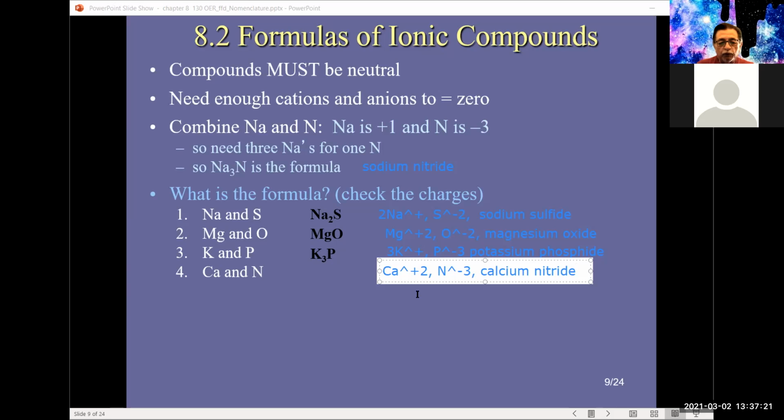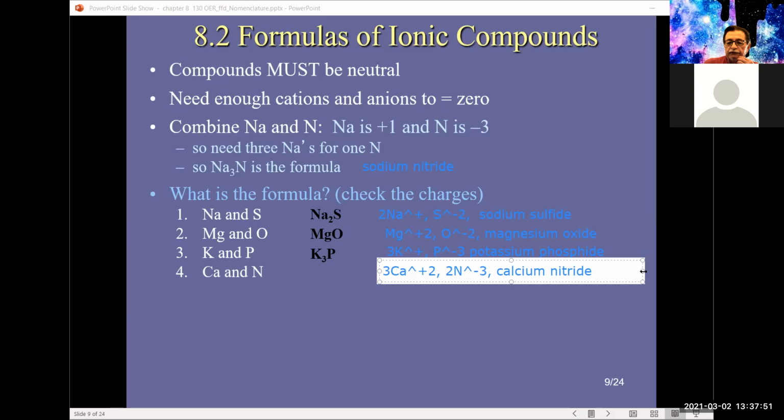What if I were to have 3 calciums and 2 nitrides? What would be my overall positive charge if I had 3 calciums, with each one with a +2?